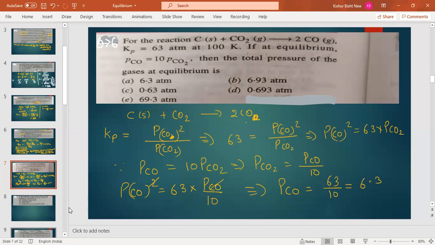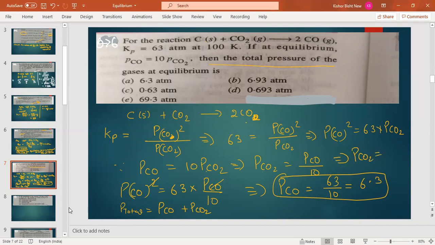Then it is asking for the total pressure. So total pressure P total is equal to P of CO plus P of CO2. Now if P of CO is equal to 6.3, then P of CO2 equals 6.3 upon 10, which is 0.63.